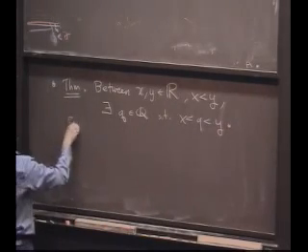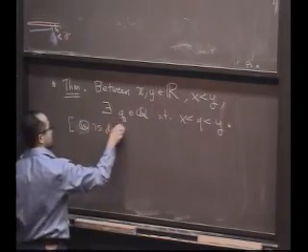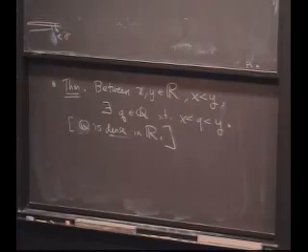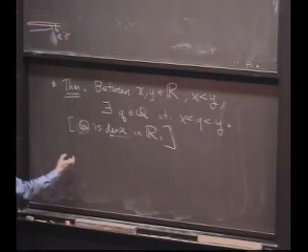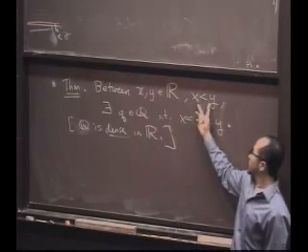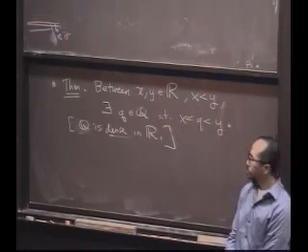Another way we say this is that Q is dense in R. Formally, it means that if you take any interval, you can always find a rational in that interval. If you give me two endpoints, I can always find a rational in between any two real numbers.